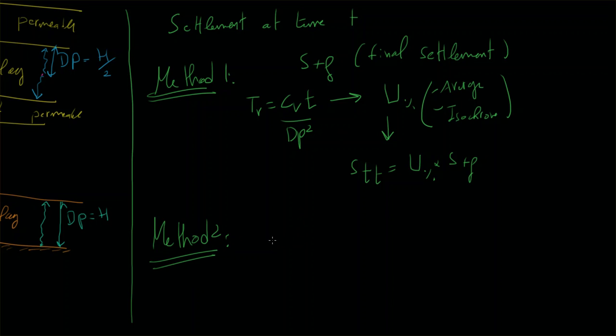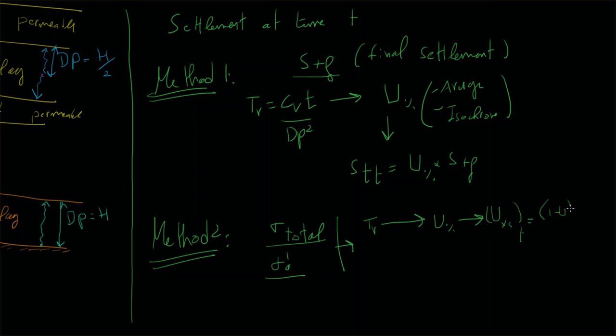Method 2, we need to find S_t directly, so we must find sigma total, then we must find e initial, then we must find sigma dash initial before loading. These two are the same steps that we need to do to find S_tf anyhow. Then we must find T_v, then U percentage, then we must calculate U_xs at time t, which is 1 minus U percentage times U_xs at time 0.